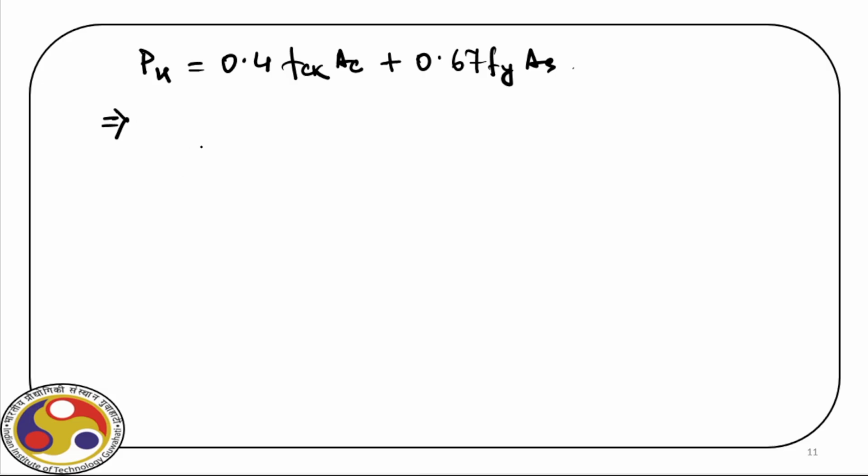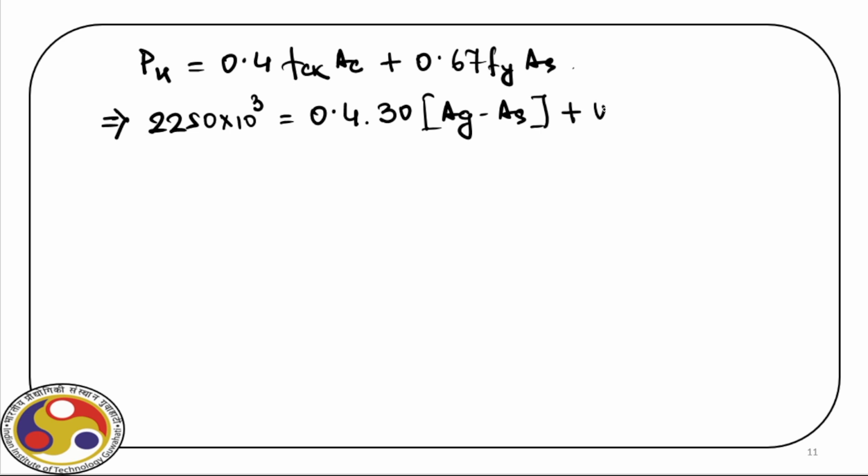So the applied load is 2250 into 10 to the power 3 is equal to 0.4 times, again we have M30 concrete, times Ag minus As, plus 0.67 times 415 times As.